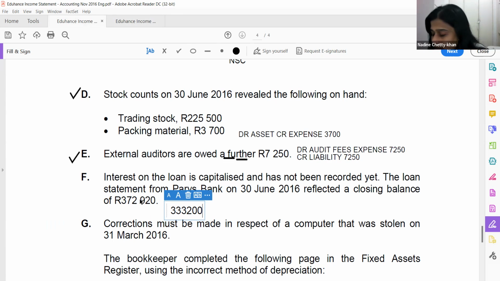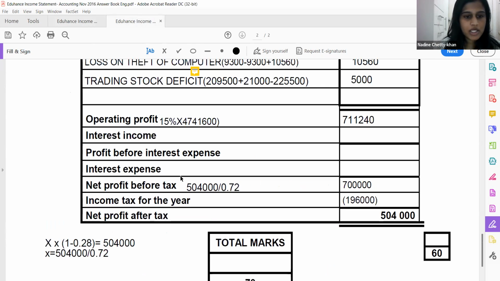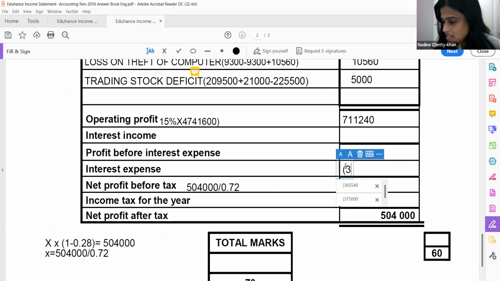And that, remember, that amount was 39,720. So interest expense, I'm going to put it in brackets here, 39,720. Now you're going to say, well, I would have just done that anyway. I would have just taken the movement from the start.